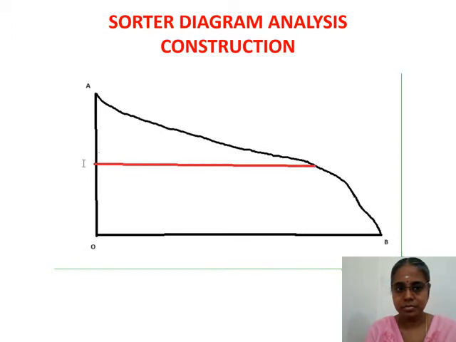So this is your Q and this is your P dash. From here, you are going to draw a perpendicular P dash which touches the curve at P. Perpendicular to OB, you are drawing PP dash. So here it is P.